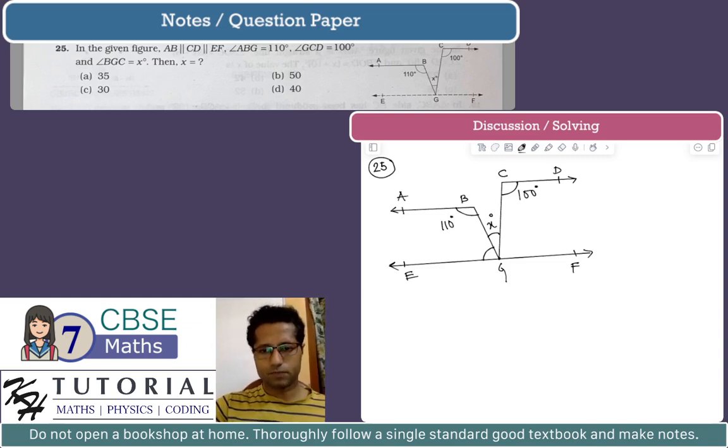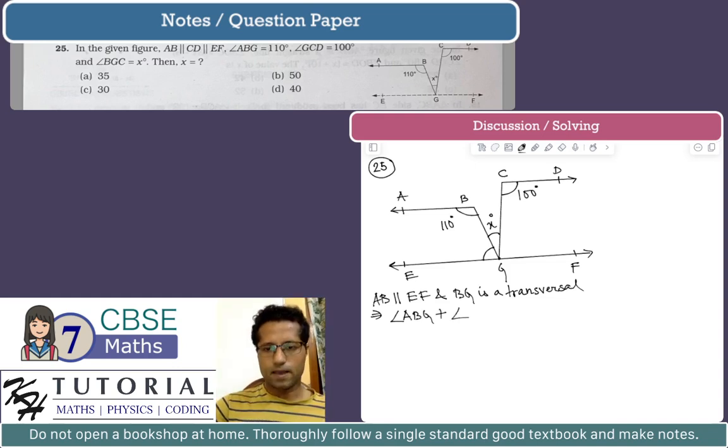So we have AB parallel to EF and BG is a transversal. This implies we must have the sum of co-interior angles ABG plus angle BGE, their sum should be equal to 180 degree.